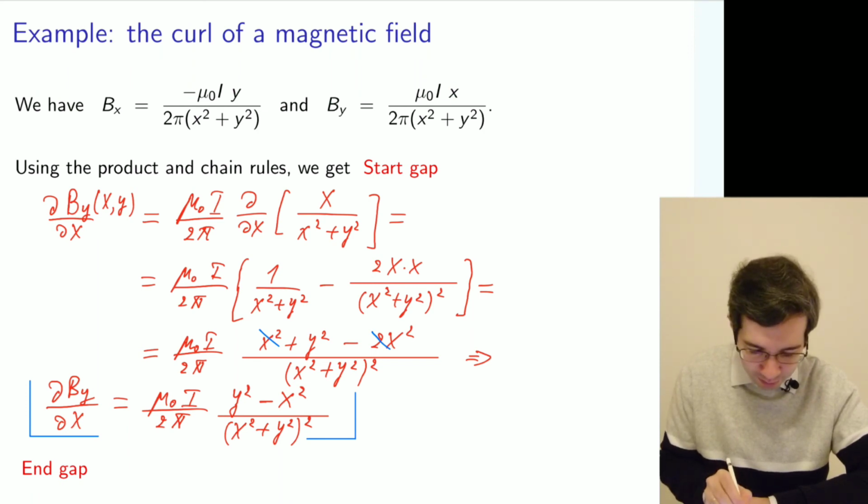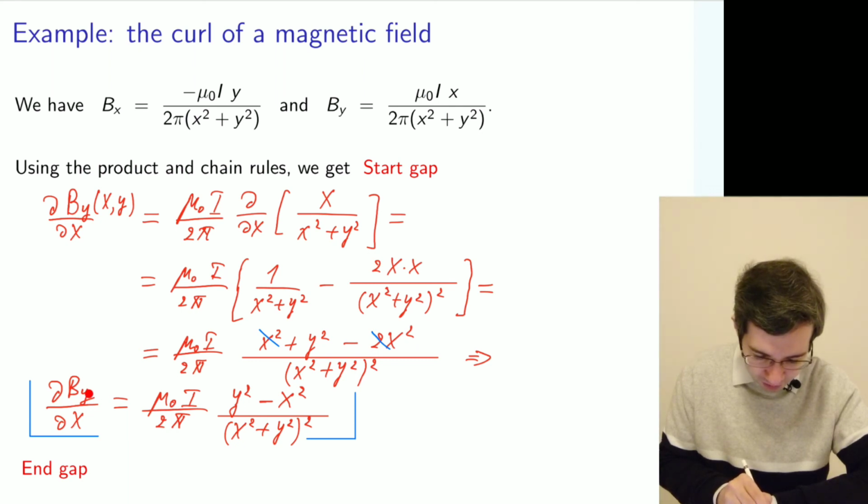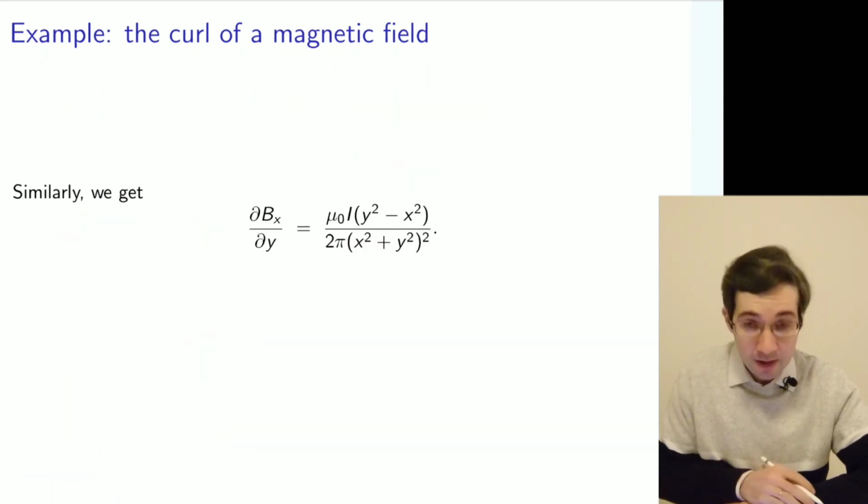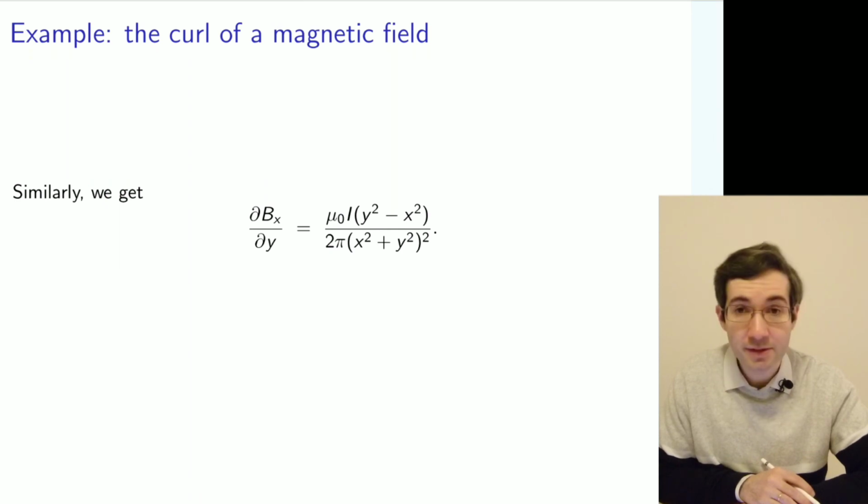So we can just swap the order in our derivative. If we want to write down the derivative of Bx with respect to y, we replace y with x and x with y, and also make sure that we use the right sign, and we get exactly the same expression.